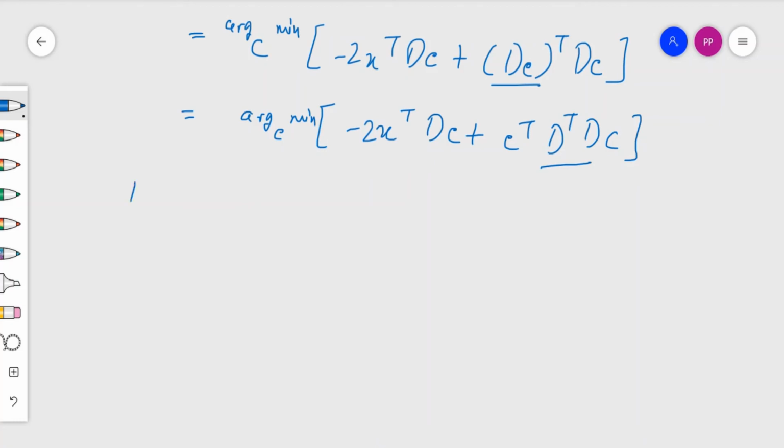So now to understand the nature of D transpose D, let us take an example. We have, however, non-square D is possible. We have a 2 by 2 D: 0.6, 0.8, minus 0.8, 0.6. So this is an example of an orthogonal matrix.